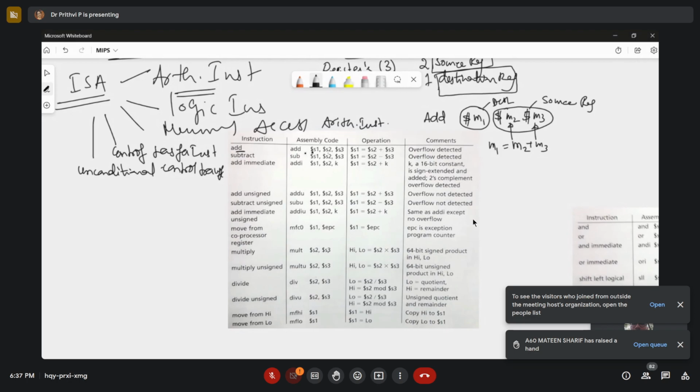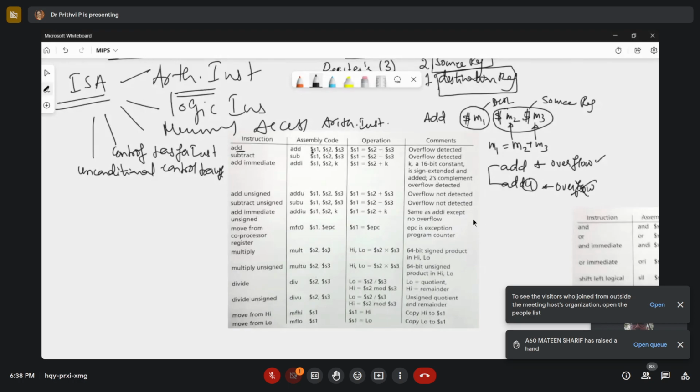Now here you have addu. If you are having addu, u means unsigned. What is the difference between these two is, if there is any overflow, the unsigned one cannot identify it, whereas if you take the signed one, the overflow will be detected. What is that overflow?